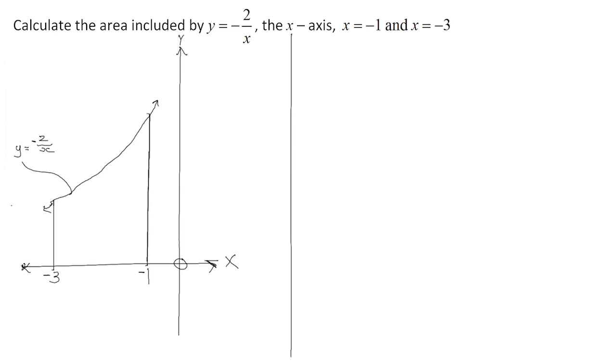Now you cannot find any area without the following information. We've indicated between negative 1 and negative 3, but the next thing we need to do is to put in our representative strip. You can put it in anywhere between there. Now we need to shade the graph between negative 1 and negative 3.